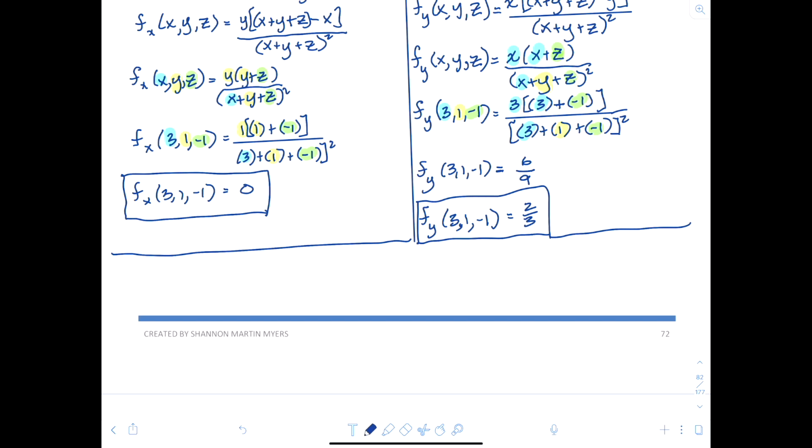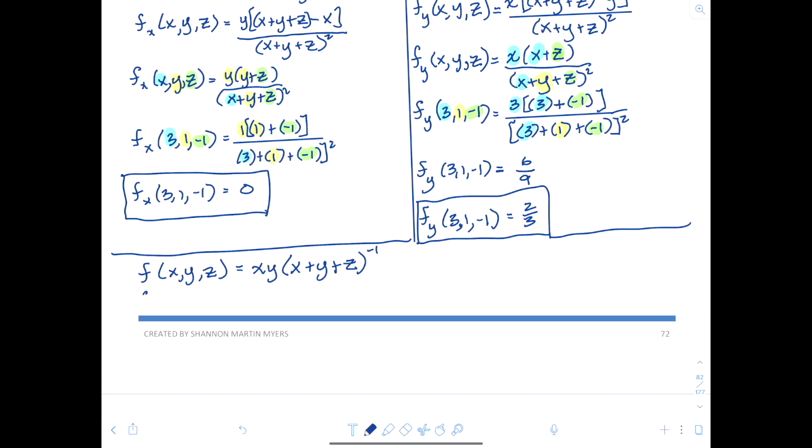All right, and then actually the next one will be fairly easy, believe it or not, because since we're treating x and y as constants, what'll happen is this: we can write f of x, y, and z as x times y times x plus y plus z raised to the negative 1.